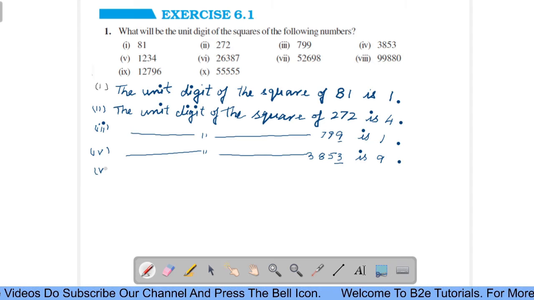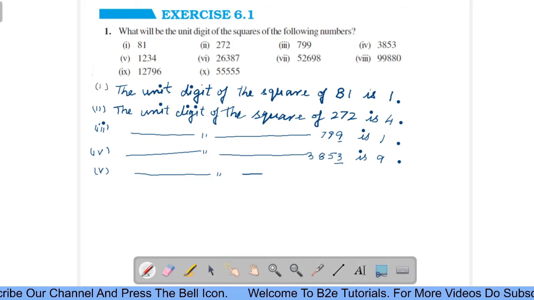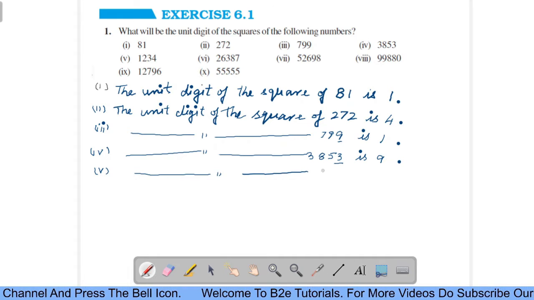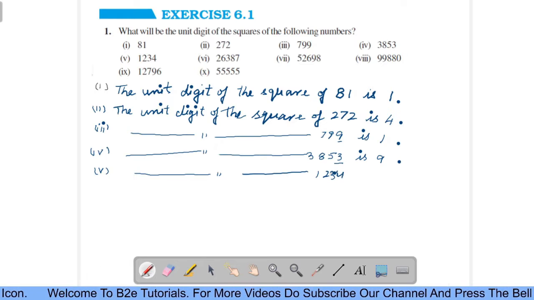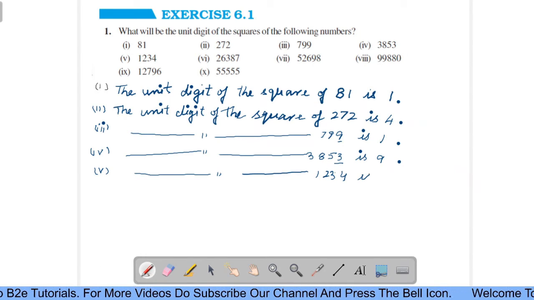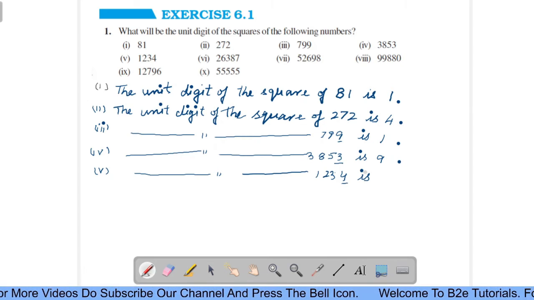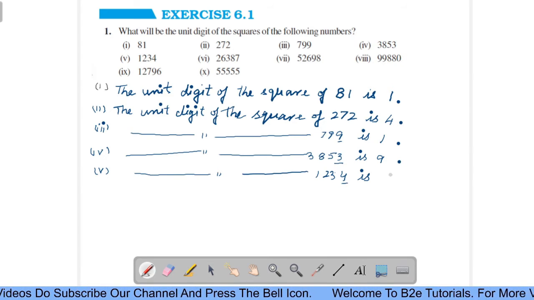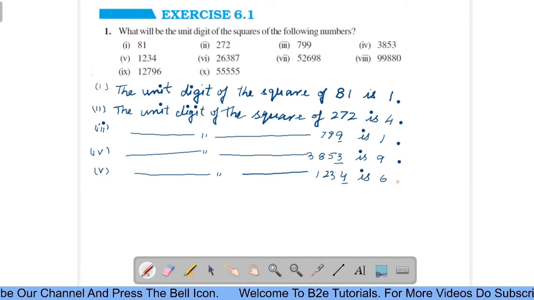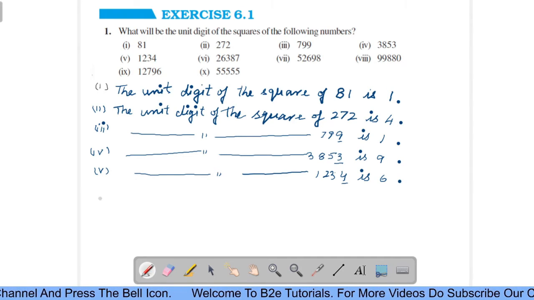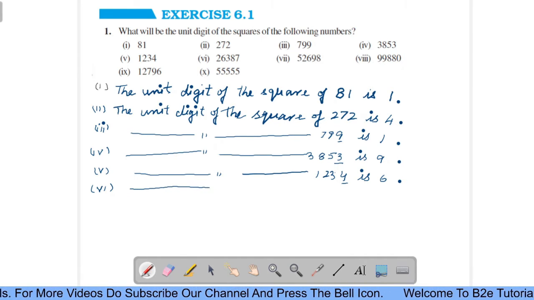Fifth, the unit digit of the square of 1234 is: here the unit digit is 4 and the square of 4 is 16 and the unit digit of 16 is 6. Your answer is 6.